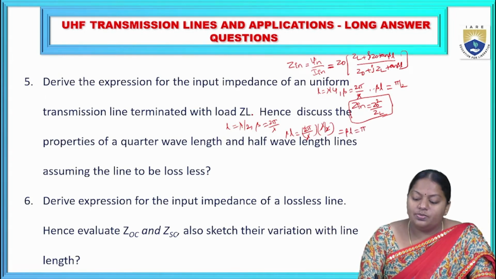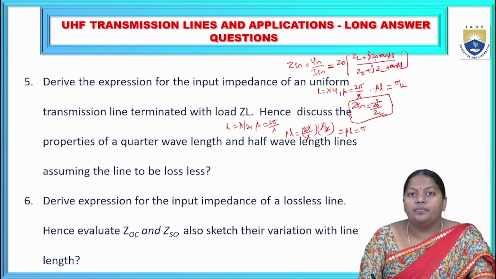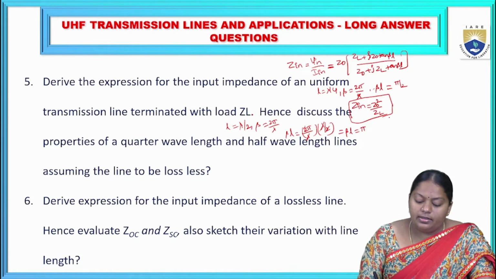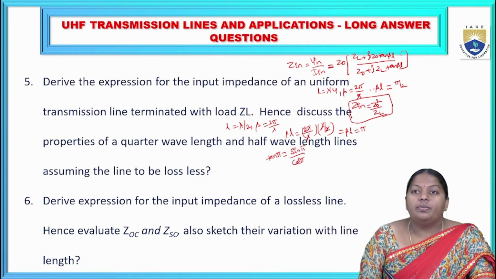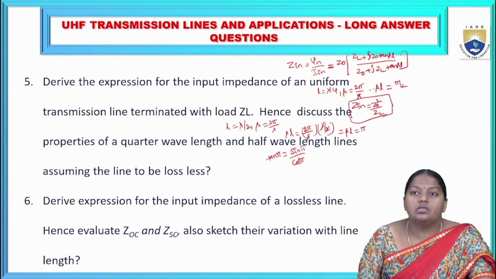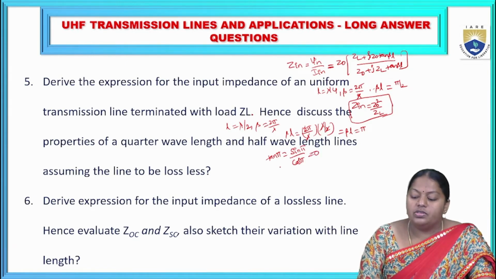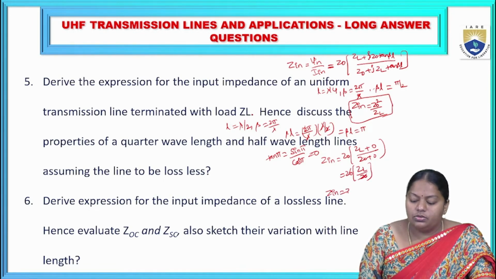Substituting tan beta L at pi, tan pi becomes 0, because tan pi is sin pi by cos pi, and sin pi is 0. Then Zin equals Z0 into ZL plus 0 by Z0 plus 0, which gives Z0 ZL by Z0, so Zin equals ZL.